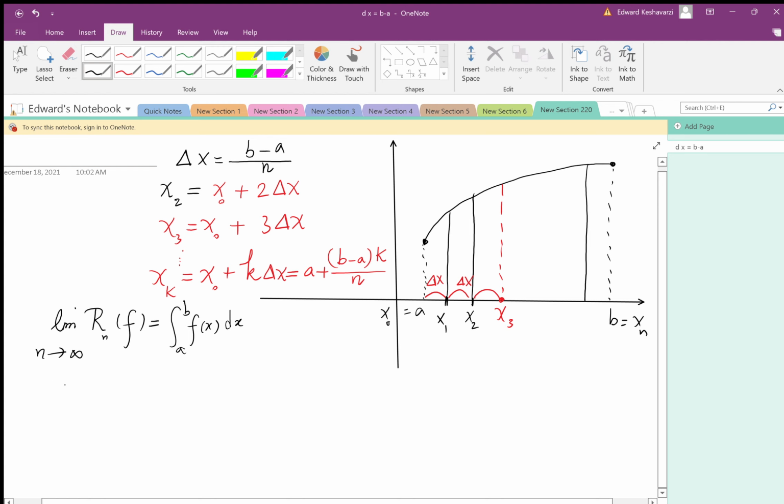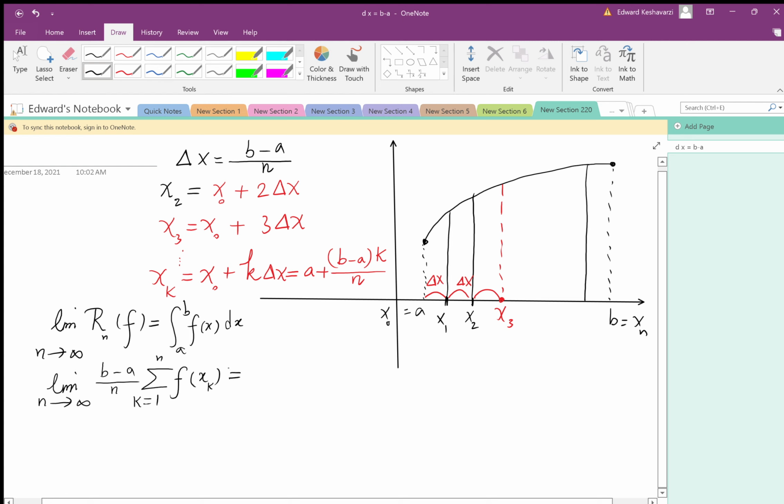The formula for right Riemann is b minus a over n sigma f of xk. We already established these formulas. k from 1 to n as n goes to infinity.